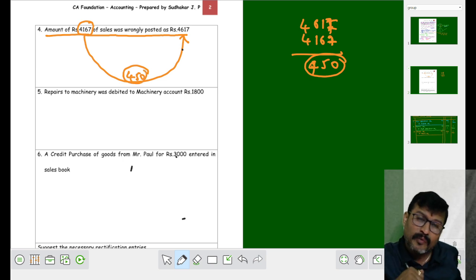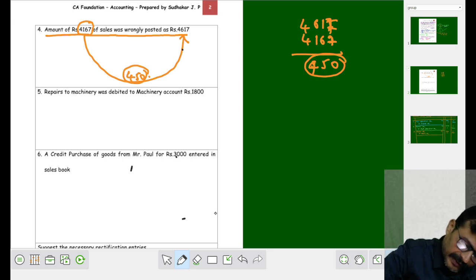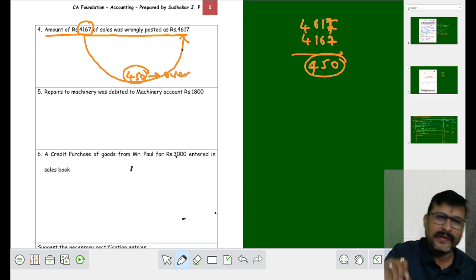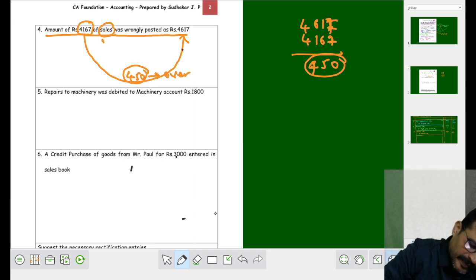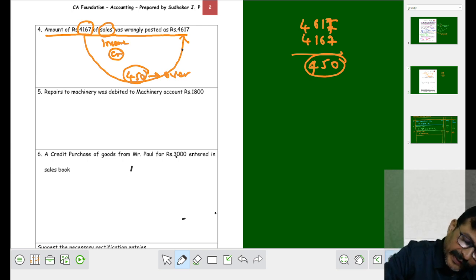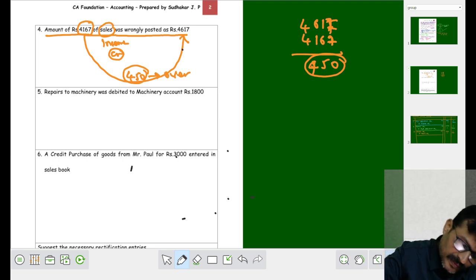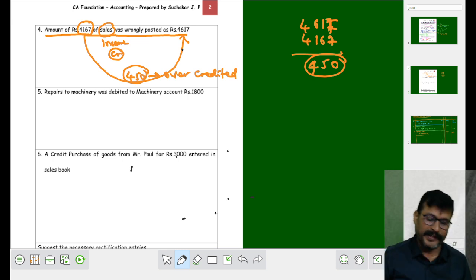Is it under recorded or over recorded? Instead of recording 4167, you have recorded 4617. It means it is over. Where is it over? It is entered in sales. Sales means what? Income. Where does income come? It comes on the credit side. So now what to write? It is over credited.